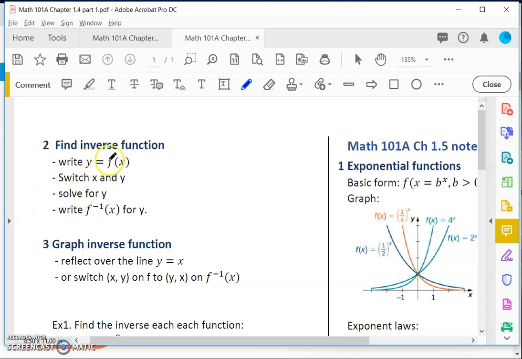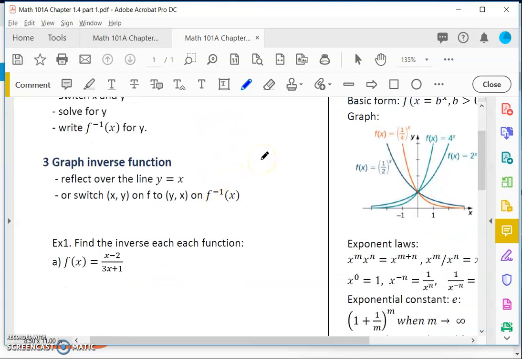What we usually do is write the function as y equals, then switch x and y, because x goes to y for f, but the inverse reverses the function so that y goes to x. So we switch x and y: x becomes the output, and y becomes the input. We solve for y, and that would be our inverse function.